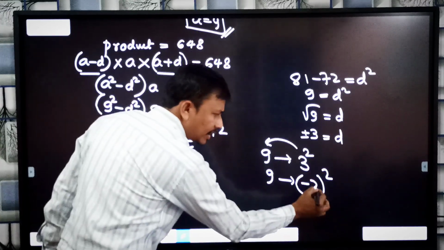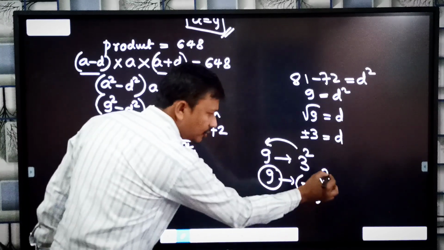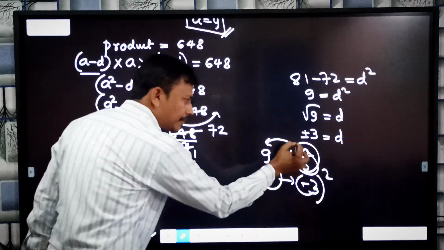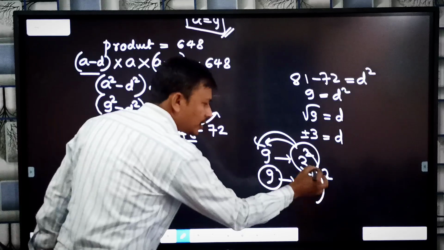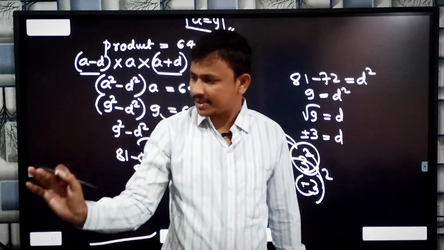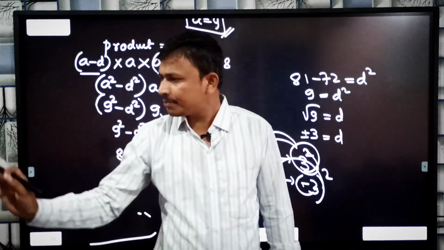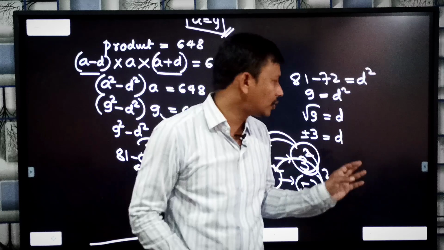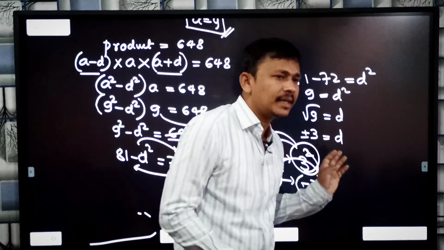Minus 3 whole square, 3 3s are 9, minus into minus is plus. The answer for plus 3 square is also 9, and for minus 3 also 9. Understood? Minus 3 square value is 9 only, plus 3 square value is 9 only. So root 9 is equal to plus or minus 3.